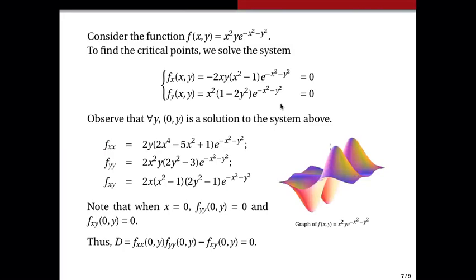So if we look at the graph of the function, we have this sketch here, or actually the graph itself. And it seems that at some points we have a relative minimum, and at some points we have a relative maximum.